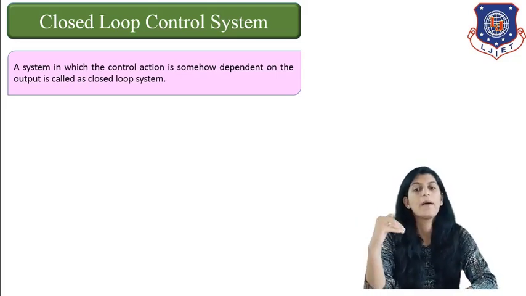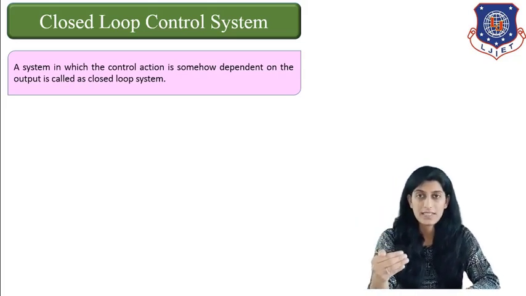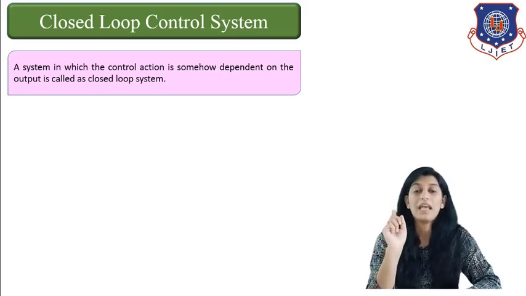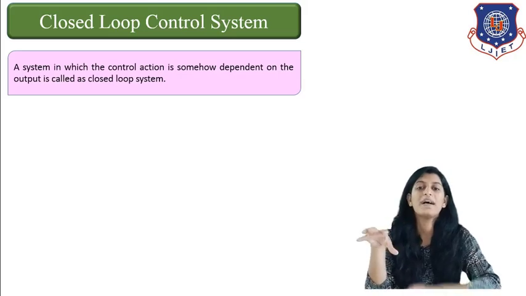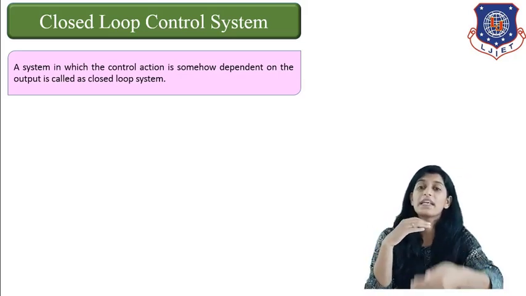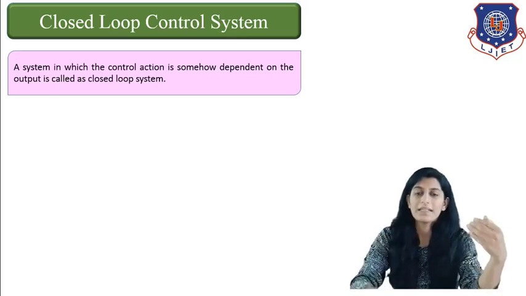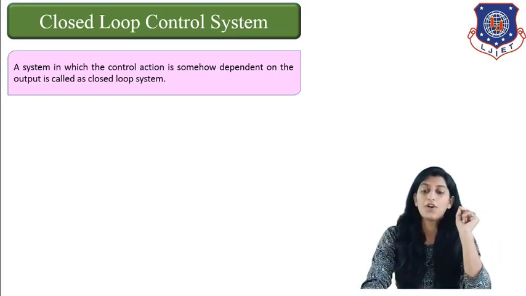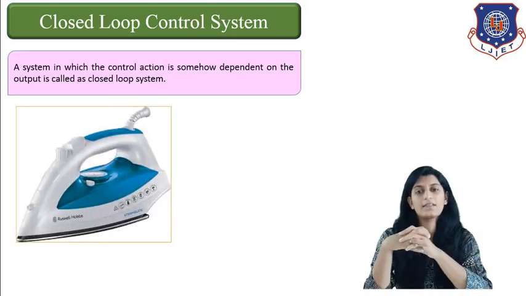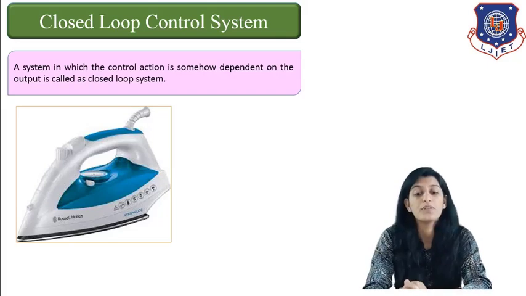If my output of the system is dependent on the control action, if my controlling action even controls the output given by the system, then it is termed as a closed loop control system. Let's take the example of a closed loop control system.